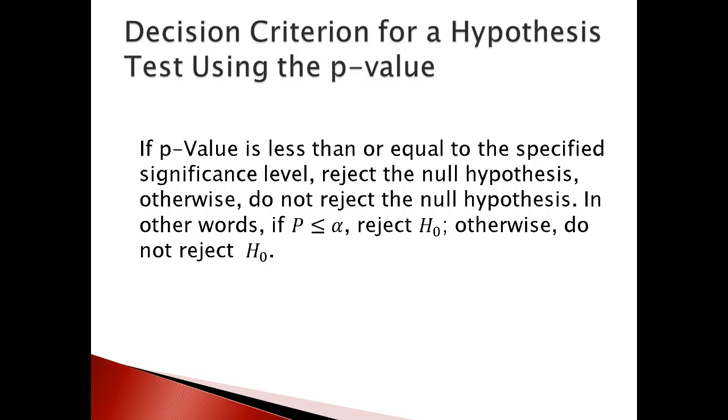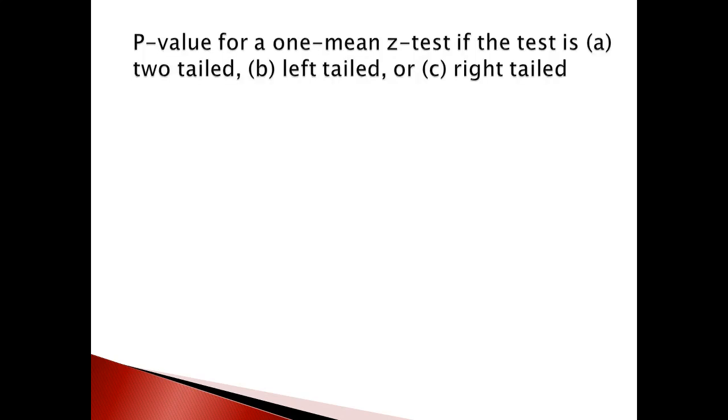So if p-value is less than or equal to the specified significance level, we reject the null hypothesis. Otherwise, we do not reject the null hypothesis. Now, in every problem, there will be a specific significance level alpha. So if p-value is less than or equal to alpha, we reject the null hypothesis. Otherwise, we do not reject the null hypothesis.